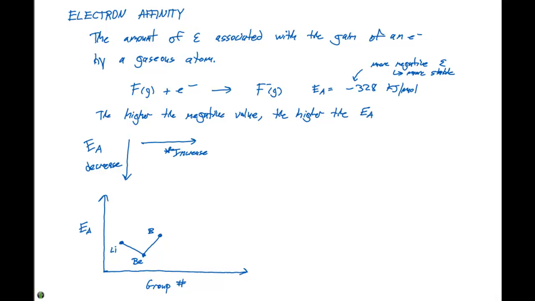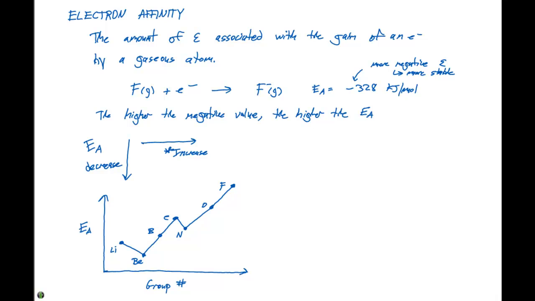Boron will continue to increase and go up with carbon. With nitrogen, it has a half-filled p orbital, so we're going to see a dip in the stability when we give an electron to nitrogen. Then oxygen and fluorine are going to be pretty high because they really want an electron.